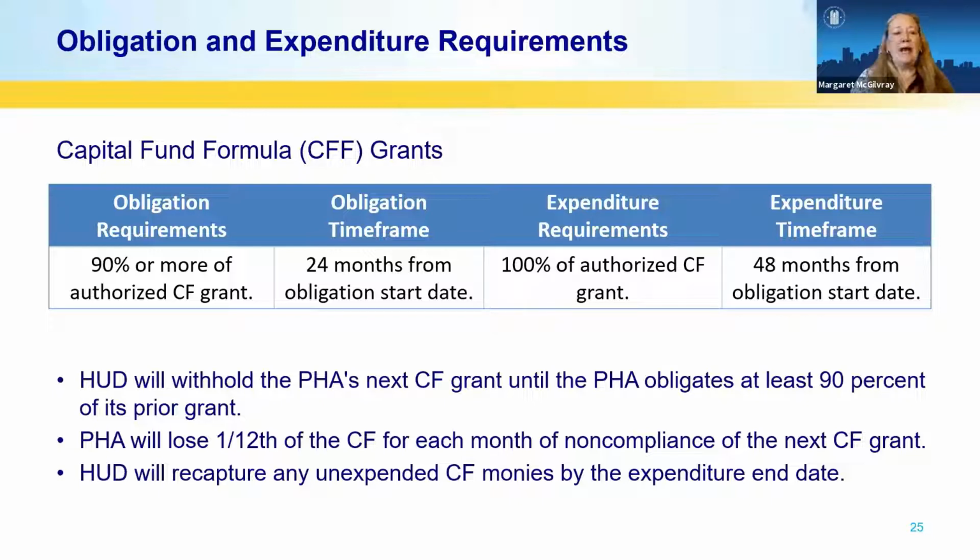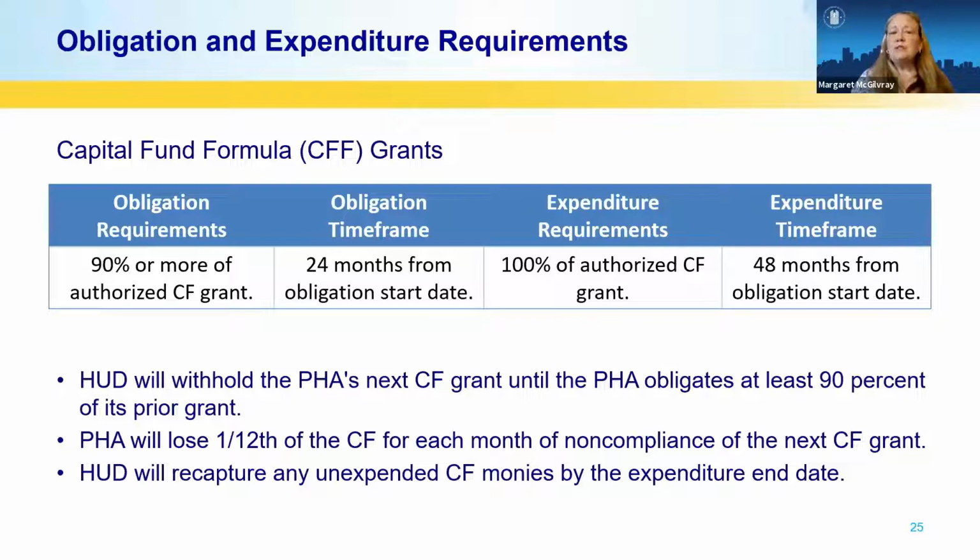So PHAs have 24 months from the obligation start date, which is essentially the date you receive your letter of award from HUD for that year's capital funds, to obligate a minimum of 90% of the authorized amount of capital fund. And then there are 48 months or 4 years in which to expend the entire award amount. In the case of the capital fund formula grants, the PHA signs a specific capital fund ACC amendment, and this amendment establishes this time frame.